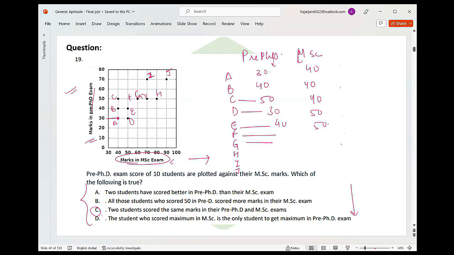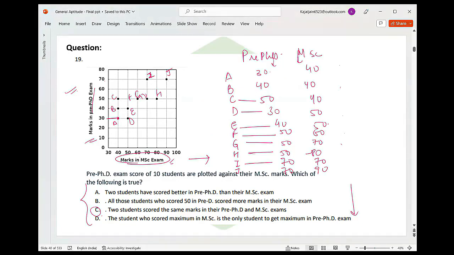F has got 50 and 60. Student G has got 50 and 70. H has got 50 and 80. I has got 70 and 70. And J has got 70 and 90. This is the complete information that is given to us.